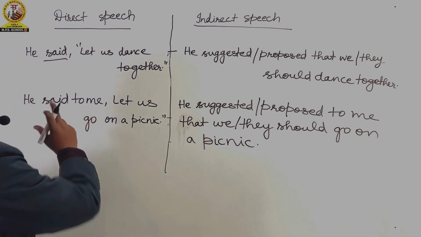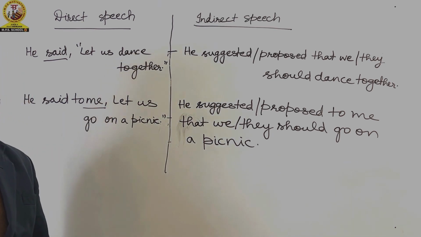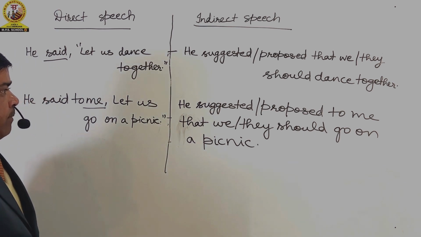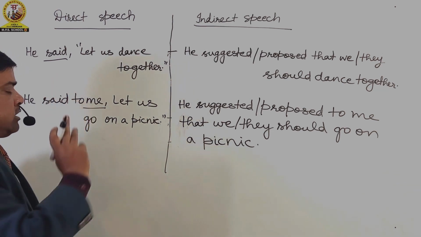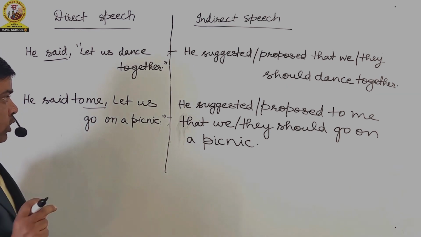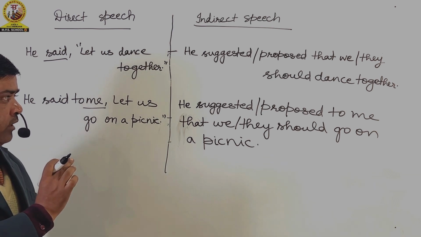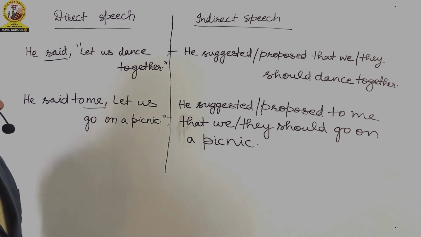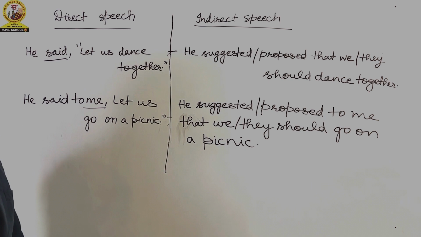In the second example, the object me has been used with the reporting verb said. In this case also, we have to be careful because when the object is used after said, we use to also with the reporting verb suggested or proposed. I mean in indirect speech, in place of said we use suggested or proposed and after it we use to.